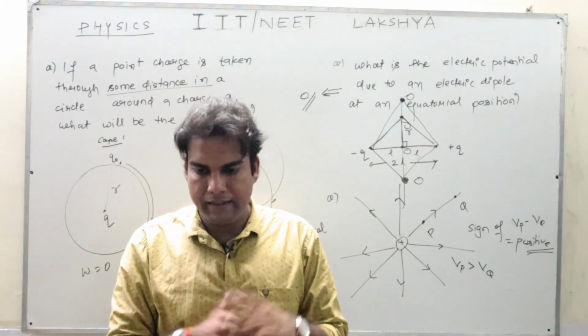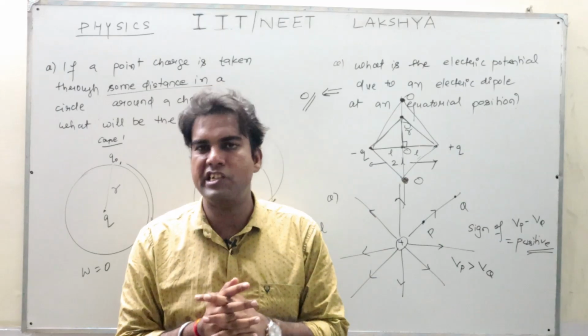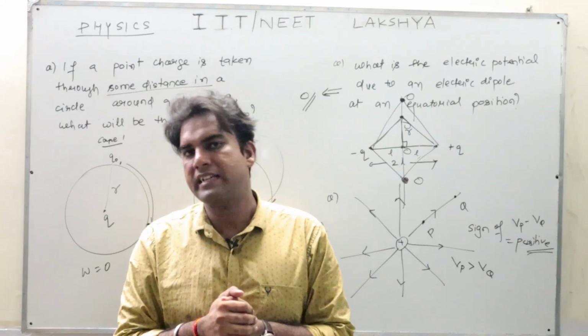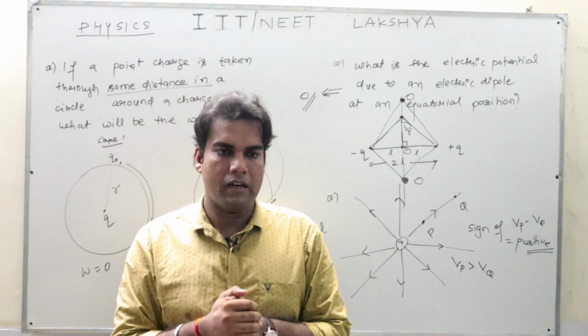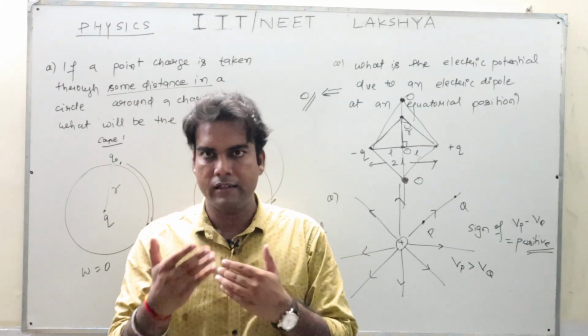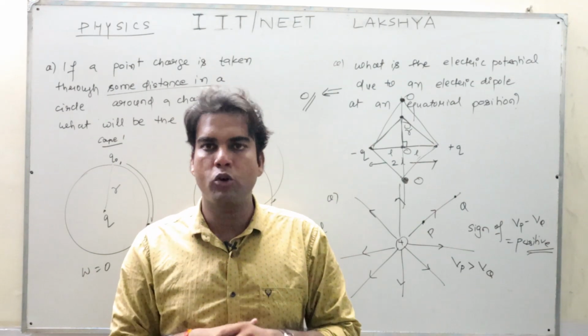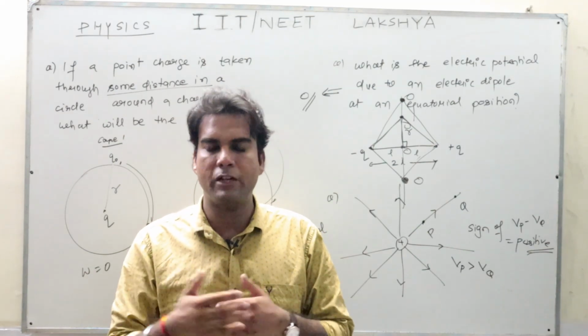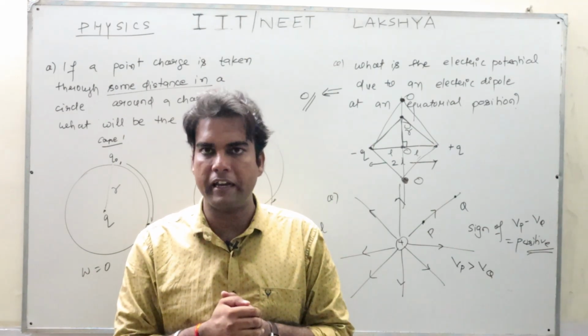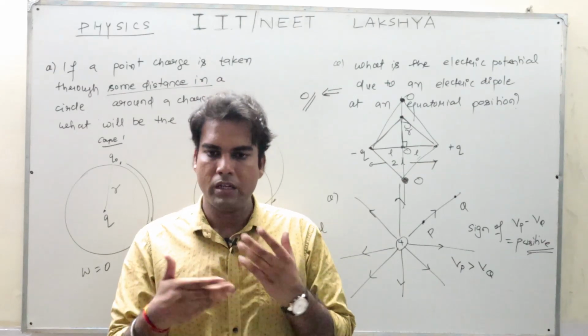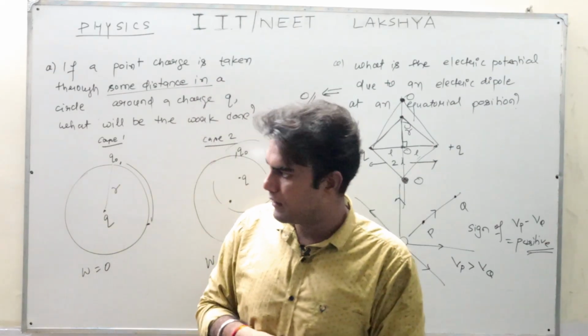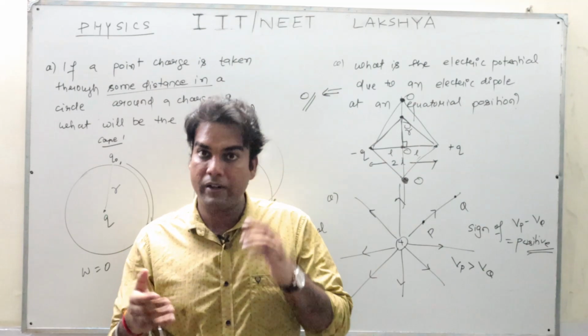So with that we wrap up this session of potential, and we will meet in the next session, obviously through this mode only, and that will be again more concepts of potential. Basically we'll take different cases, that is potential due to a ring, then due to a dipole, spheres, and other cases. So that's it as far as this session is concerned.